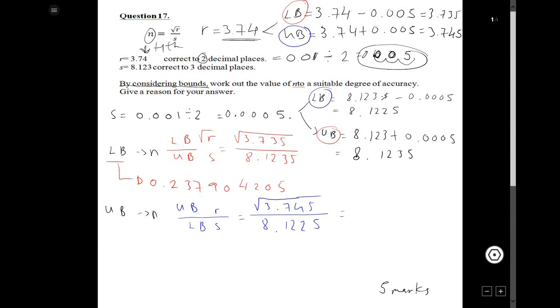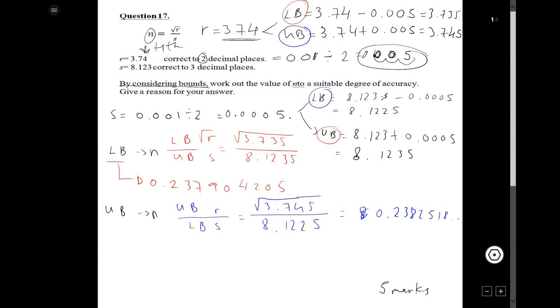So if I type that in my calculator, again, don't forget to square root 3.745, 8.1225, and the answer I'm getting for this one is 0.2382518, so on and so forth.